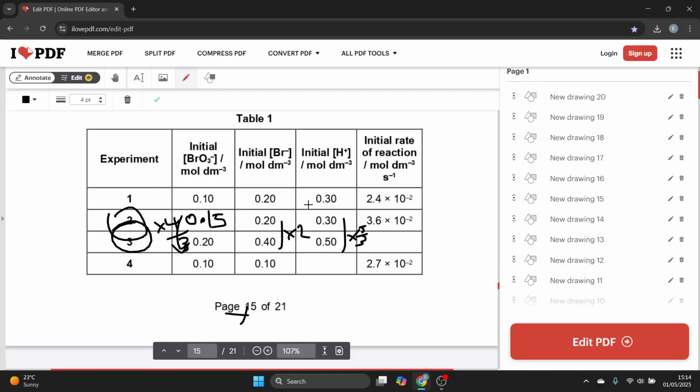And then I'm going to do 3.6 times 10 to the power minus 2 times my answer, 0.124. Okay, that's clearly wrong. 5 over 3 times 2 times 4 over 3, times 6 times 10 to the power minus 2 to my answer. Experiment 3, the rate should be 0.26.